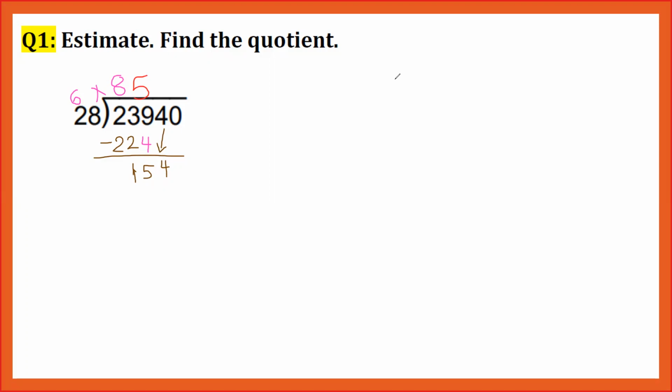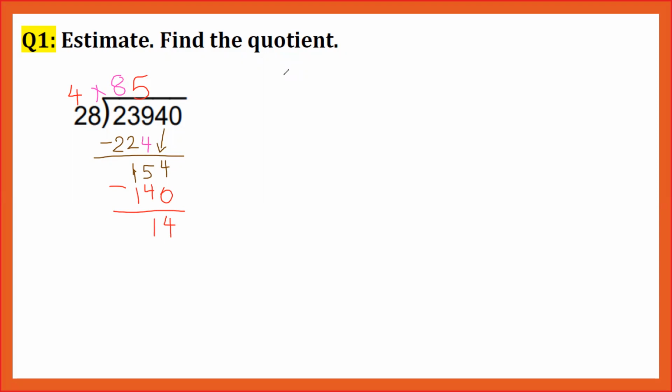5 times 8 equals 40. 0 down, 4 up. 5 times 2 equals 10, plus 4, 14. Bravo. 14. Then now we will subtract. 4 minus 0 is 4. 5 minus 4 is 1.